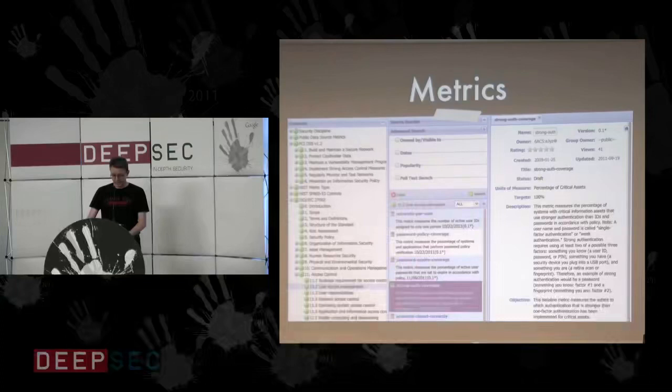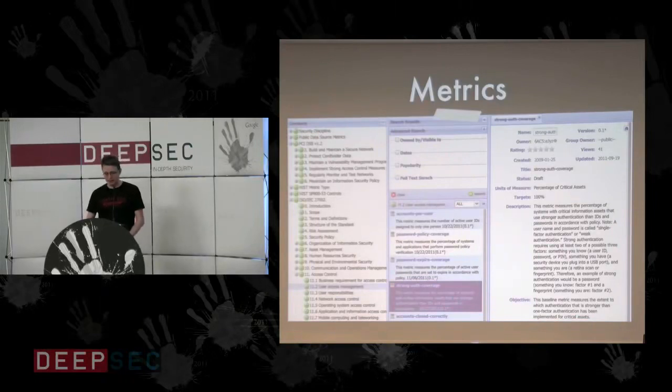The idea behind that is that questions you ask on the self-assessment could actually be answered already by a clever metrics management system, or by metrics you already have or could easily get. The idea is to remove even more work from the asset owner, so they don't have to answer things which are clear.